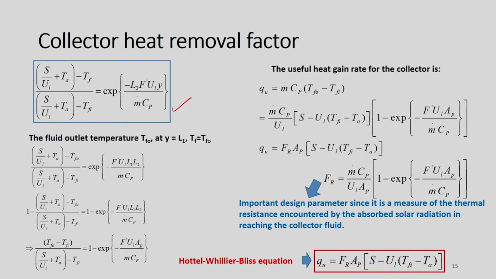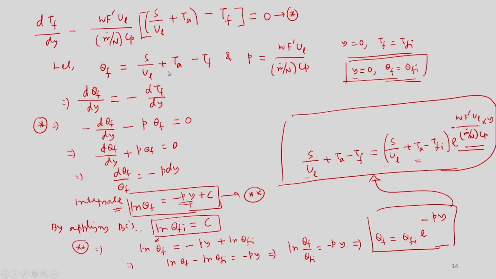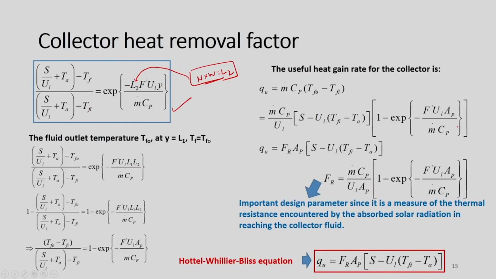Okay. So one more thing I missed here. So here, as I know, N into W is L2. Okay. So which is applied here. If you go back, you can see W, N is at the bottom side, and then if you multiply W into N is something like L2. Okay. That is how we can write L2 here.